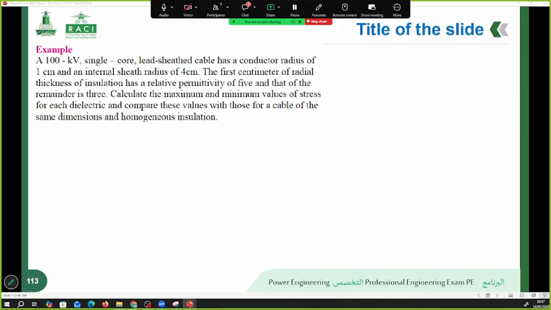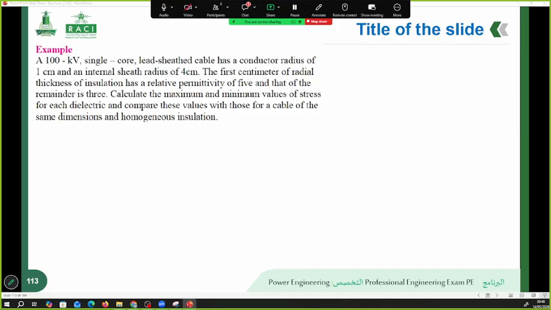The first radial layer of 1 centimeter thickness has a higher relative permittivity of 5, and the remaining insulation has a relative permittivity of 3. The objective is to determine the maximum and minimum electric stress in each dielectric layer.